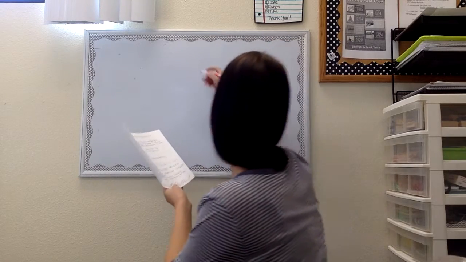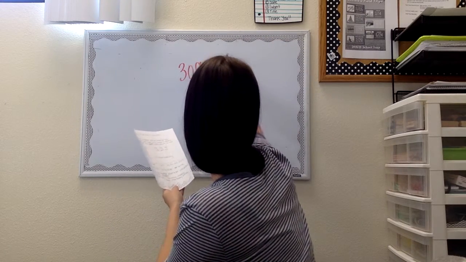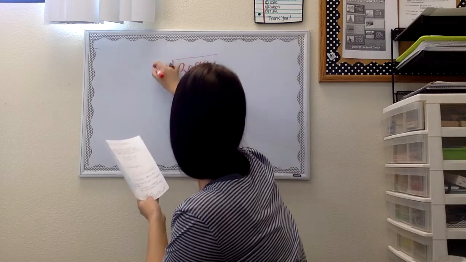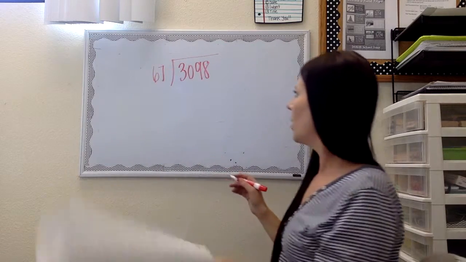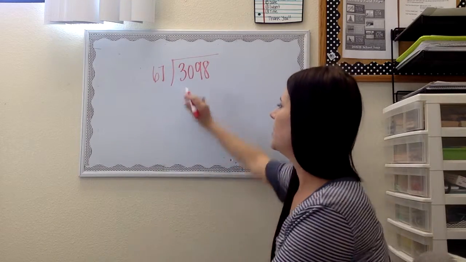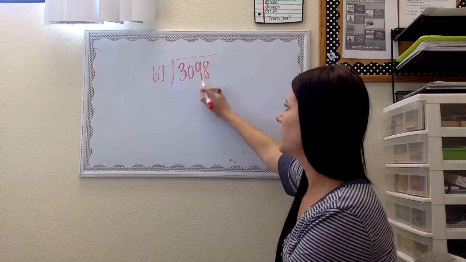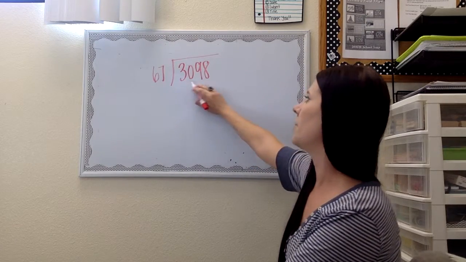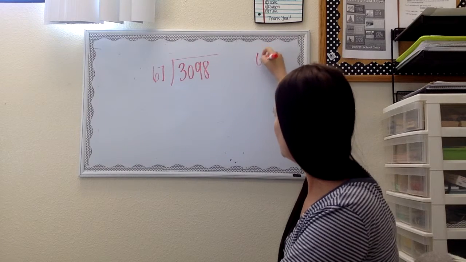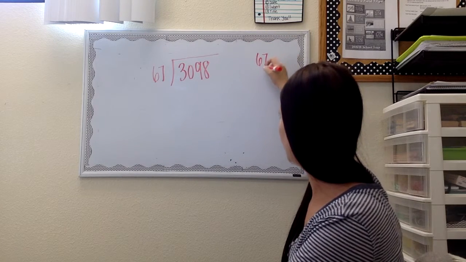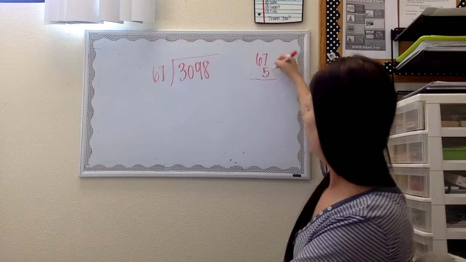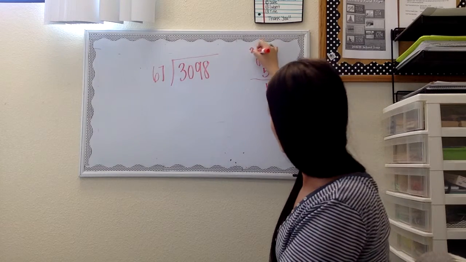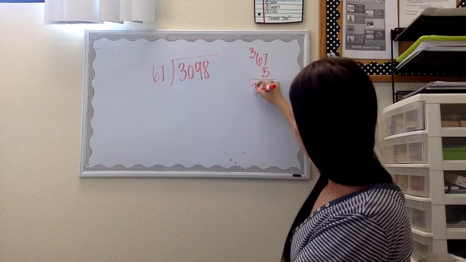All right, so our last one here is 3098 divided by 67. Okay, so I can't put 67 into 3 or 30, I mean, so I'm going to go to 309. So let's try 67 times 5. 5 times 7, 5, 3, 33.